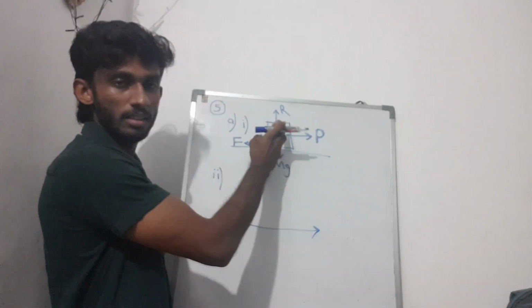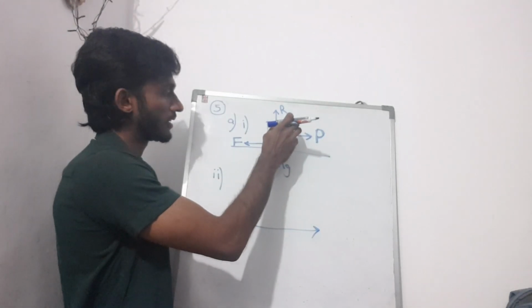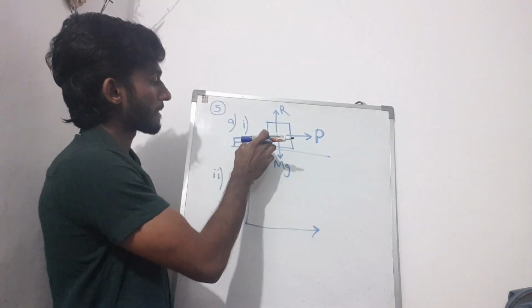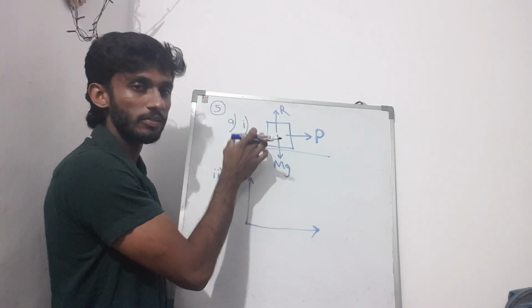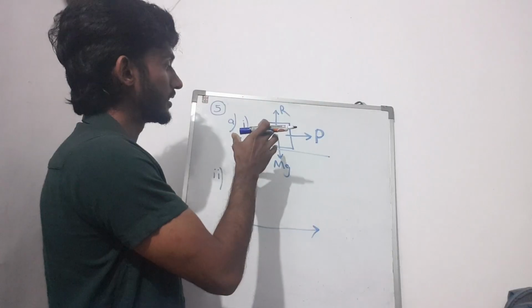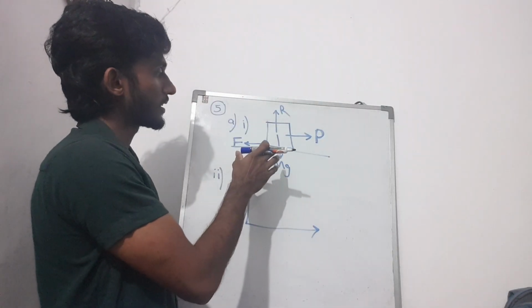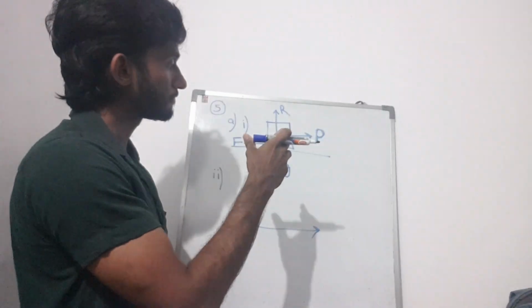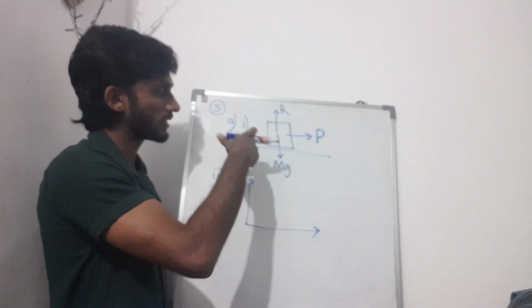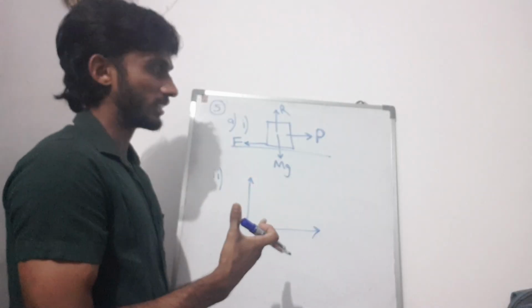When we increase the P, the friction force also increases until it reaches the maximum. Then after it reaches the maximum, the friction force goes to the dynamic friction.